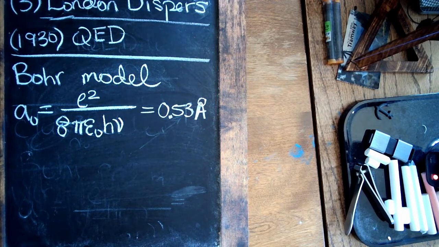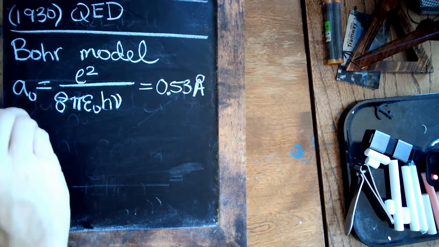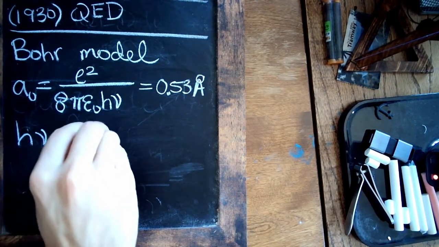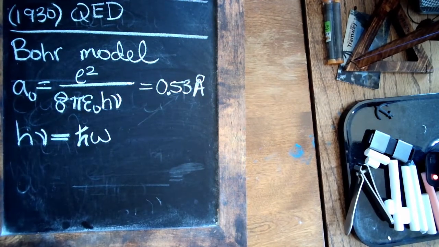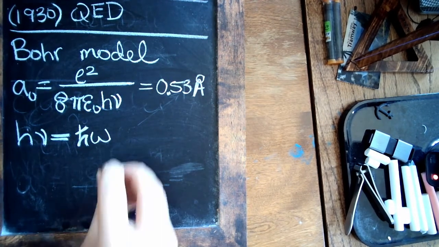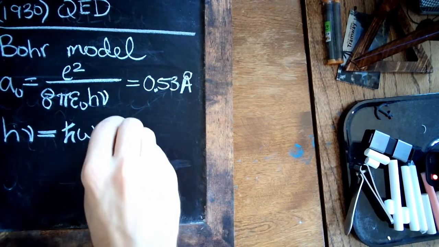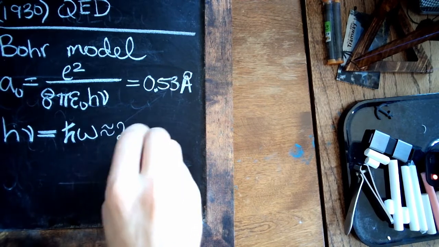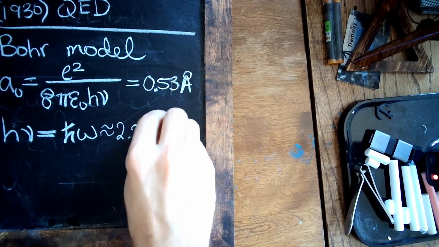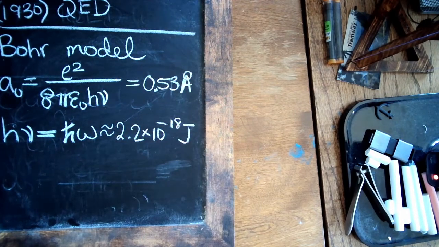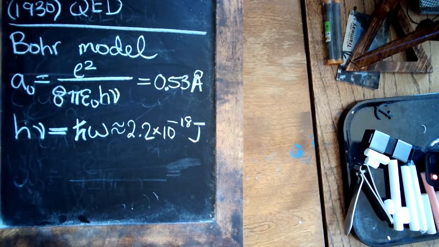Now this h nu that we have in here, we can also write, of course, as h bar omega. Both of these are energy. Numerically for the electron it is about 2.2 times 10 to the minus 18 joules. So it's a small energy.